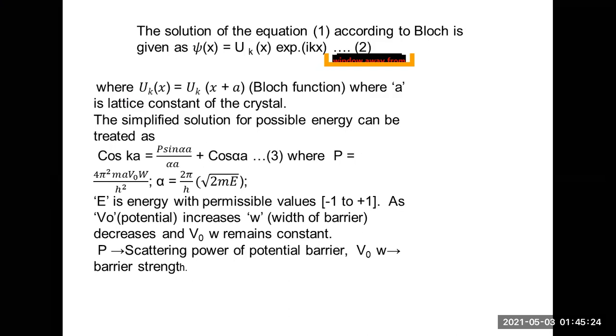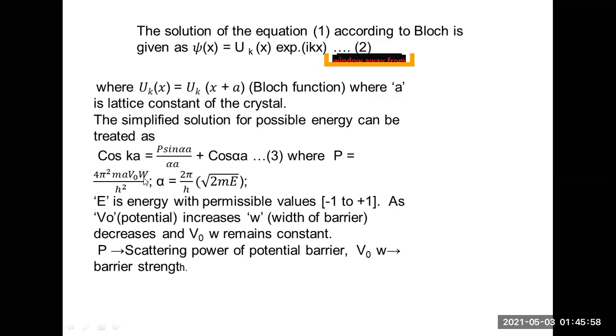Qualitative treatment means what this equation is employing, what the main significance of this equation is, which is derived by considering the second order differential equation and its solution. So when you go for some mathematical calculation, that simplified solution of all the possible energies can be treated in the form of cos k is equal to P sin alpha a by alpha a plus cos alpha a. So what is actually the meaning of P mathematically?